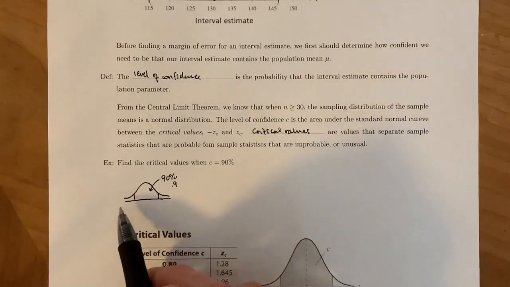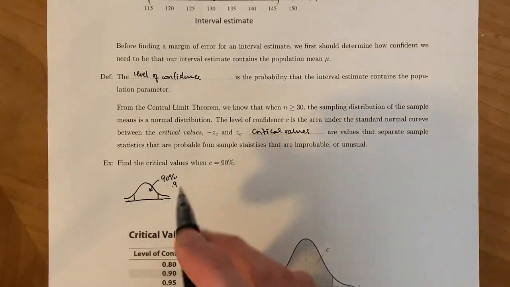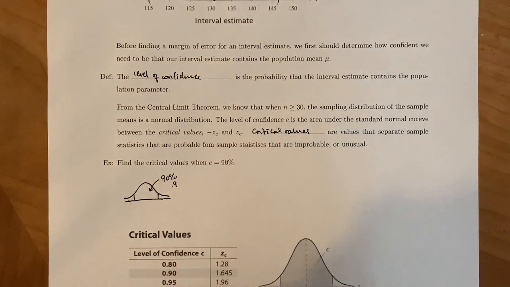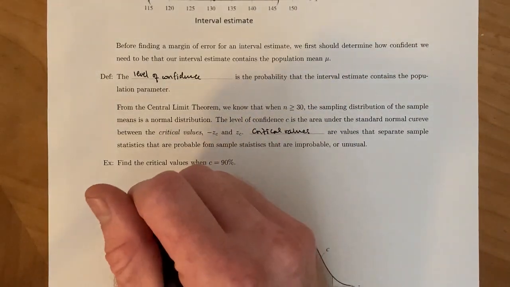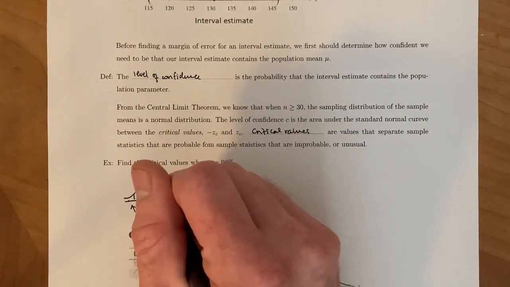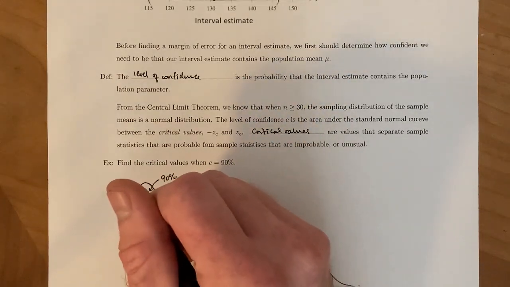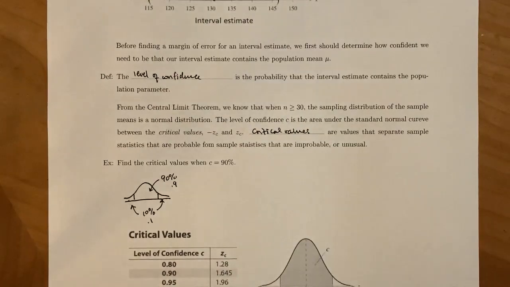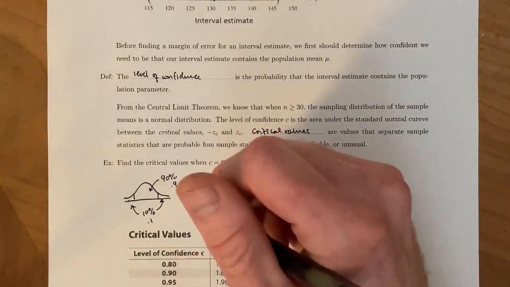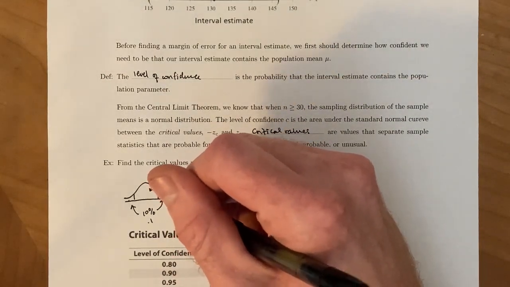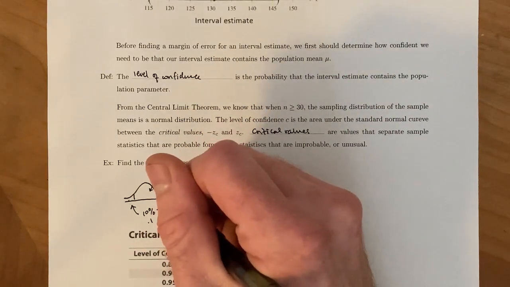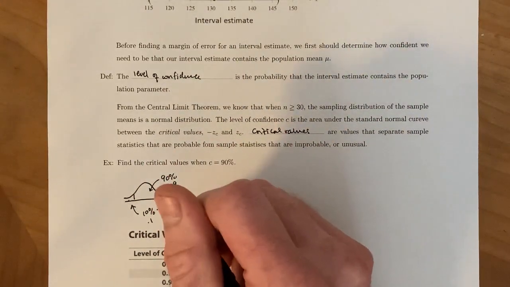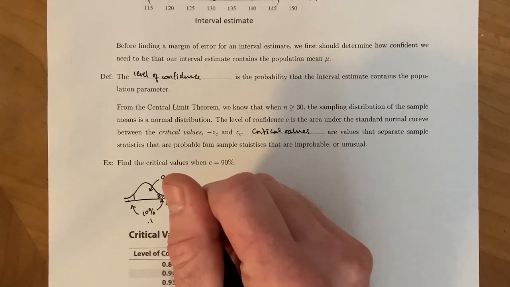Now that leaves us with these two tails here. And since the whole area under this curve has to add up to 1, these two are 10%, or if you want to think in terms of decimals, 0.1. Which means this tail by itself, this shaded region, comprises 0.05.